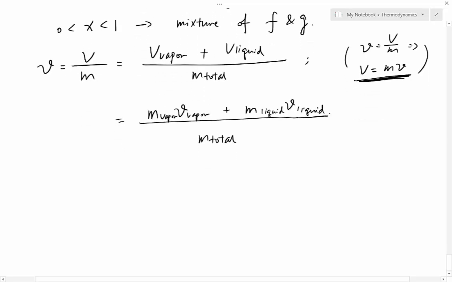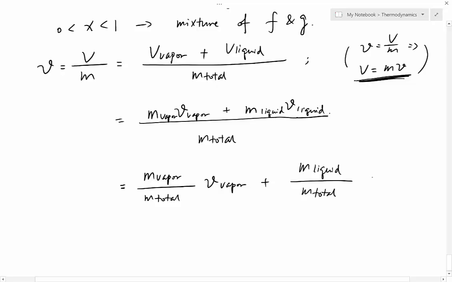Okay, so this is how we rewrite the two terms in the numerator. And then separate those two. First one becomes mass of the vapor divided by total mass multiplied by nu vapor. Second term becomes mass of the liquid divided by total mass multiplied by nu of the liquid.